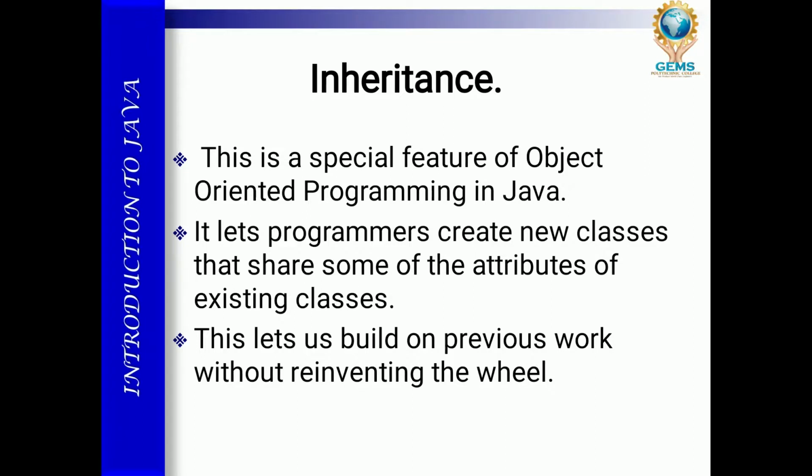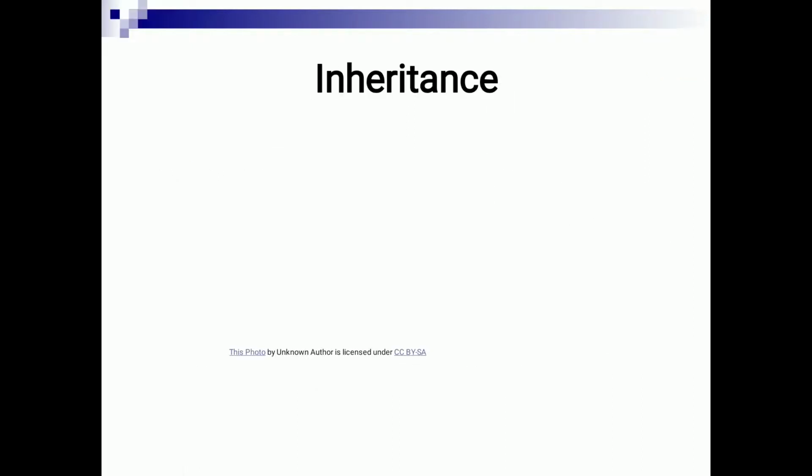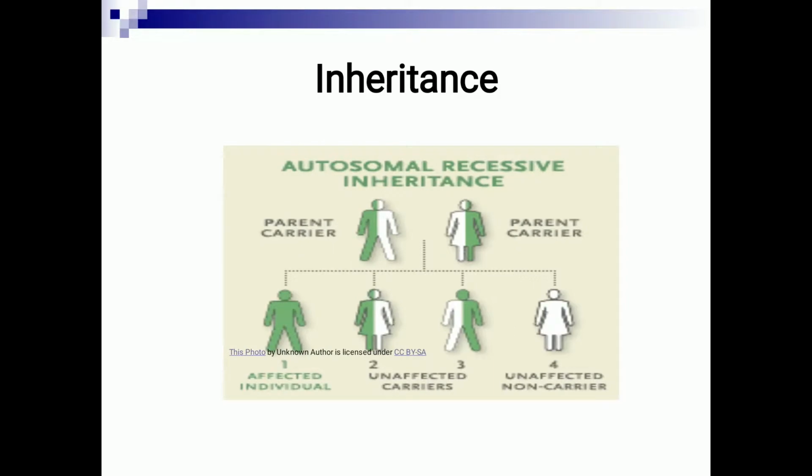Now the new class, that means the child class, is taking or adapting properties or attributes from the parent class. This process is called inheritance. We will learn about inheritance in a detailed manner in our forthcoming lectures. This is an example for inheritance. Parents share things or attributes with children.